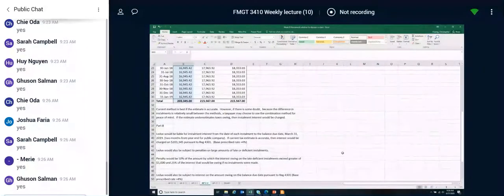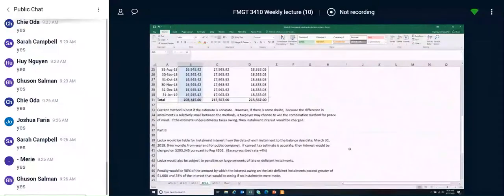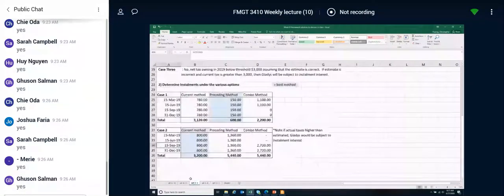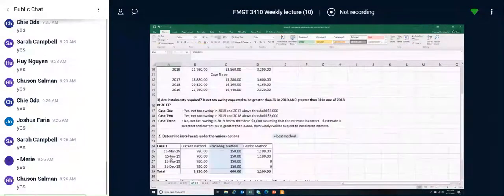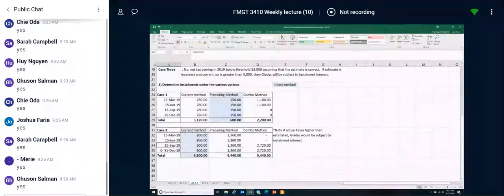Let me just resize this for a second. Just give me 1 second here. Yeah. Oh, and oops, sorry. Why does it say 31st? That's dumb. Sorry, this should be, my bad.